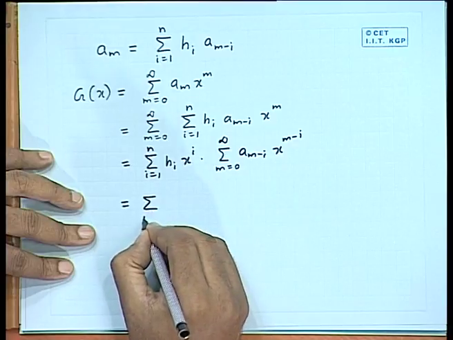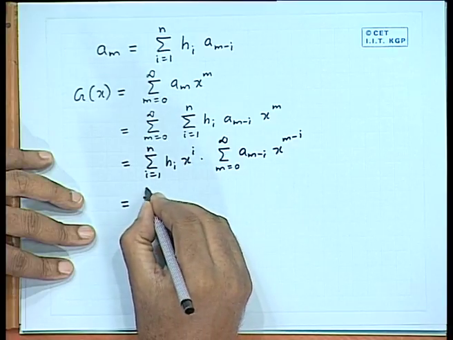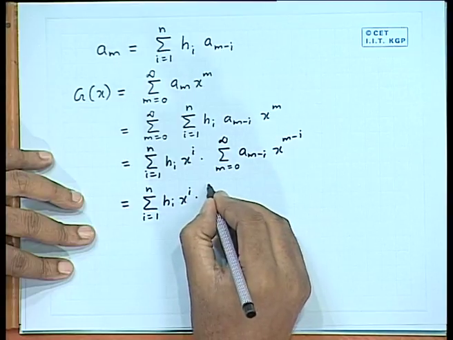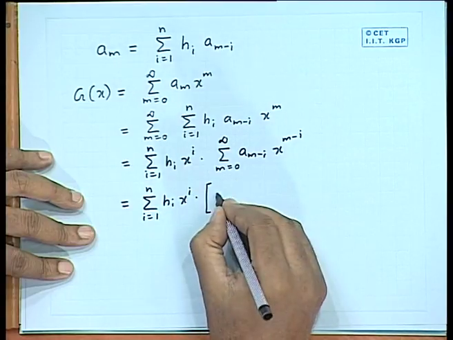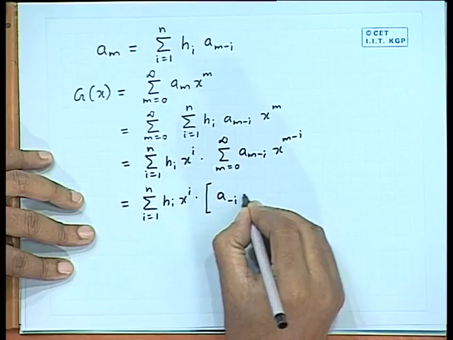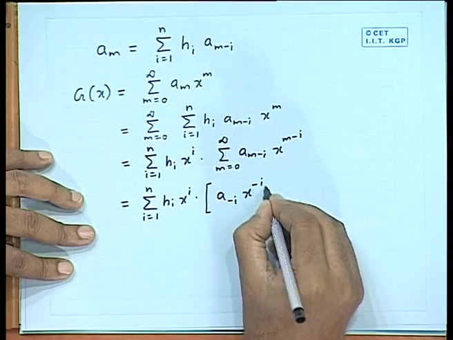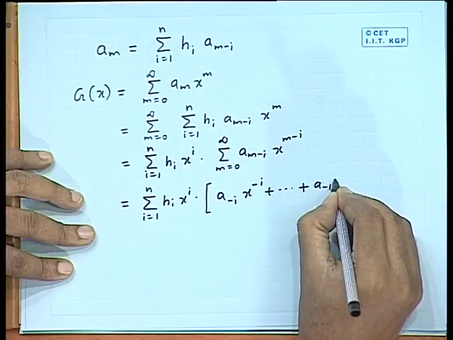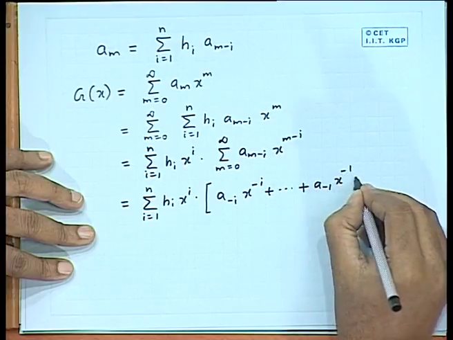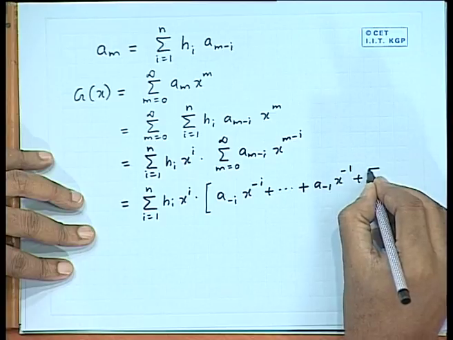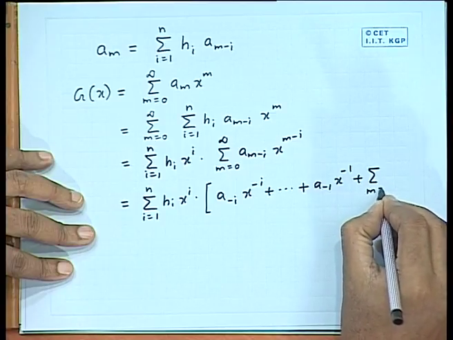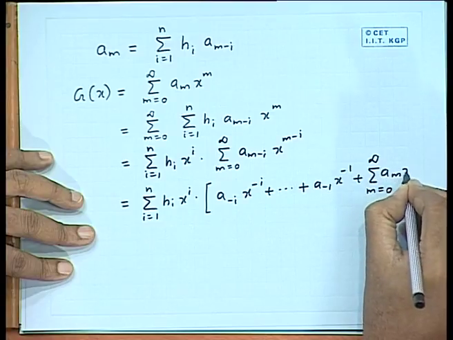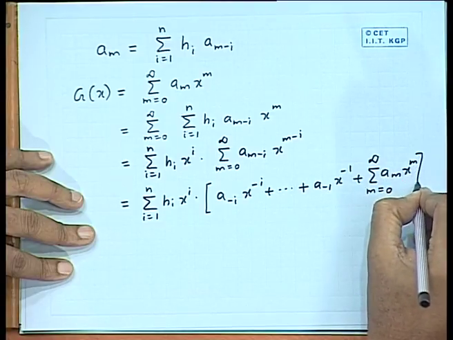Now, this again, the first term remains, the second term, if we expand this, the first few terms are this, and finally you get summation m equal to 0 to infinity a m x to the power m.